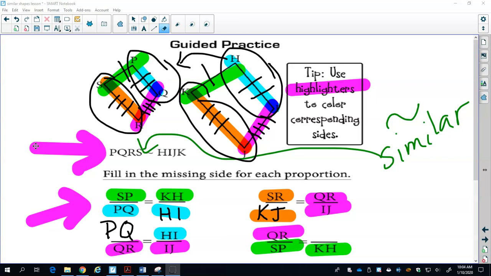KH goes with IJ. Because purple is to purple as green is to green. Okay? Does anybody have any questions so far?